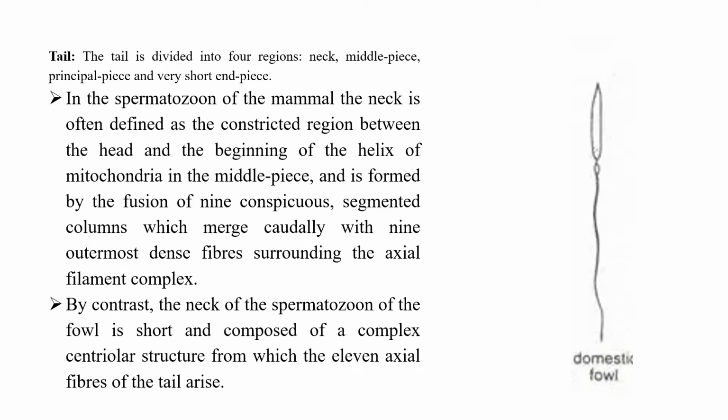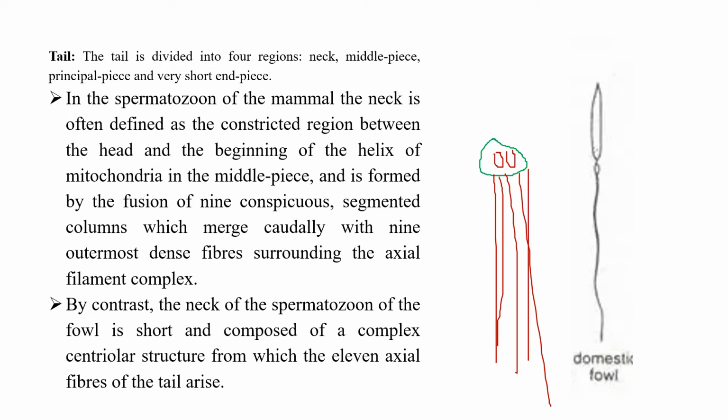And in contrast to the development of flagellum in the mammalian spermatozoa, here the neck will be composed of a complex centriolar structure. Okay, here like this will be centriolar structure having some arrangements here, and they will produce 11 axial fibers. Okay, like this. How many total? 11. They arise from this centriolar complex. Okay, and this will be present in the neck region of the spermatozoa of the fowl.